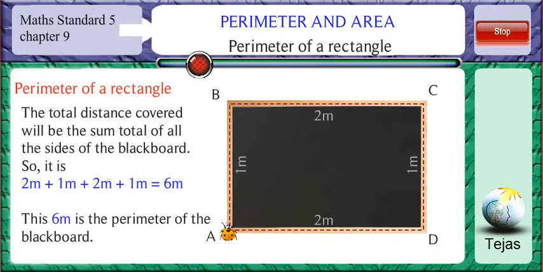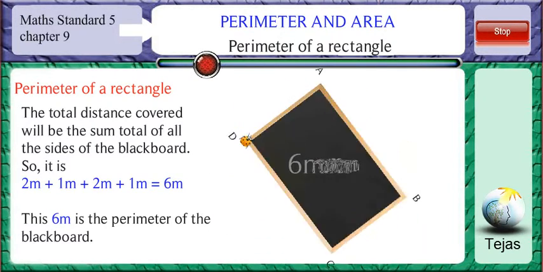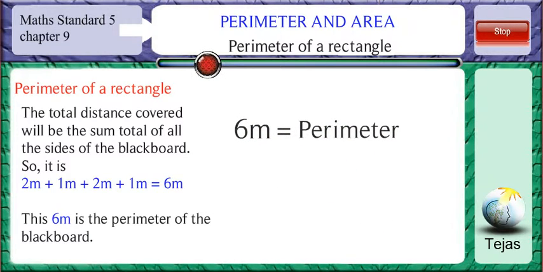The total distance covered will be the sum total of all the sides of the blackboard. So it is 2 meter plus 1 meter plus 2 meter plus 1 meter, which is equal to 6 meters. This is the perimeter of the blackboard.